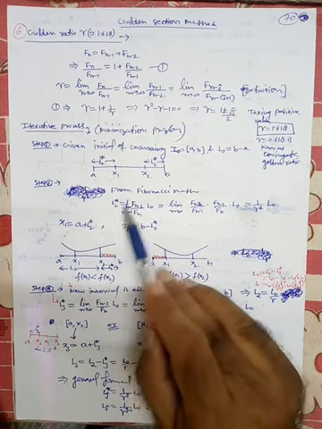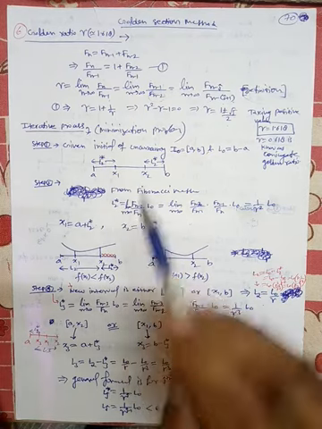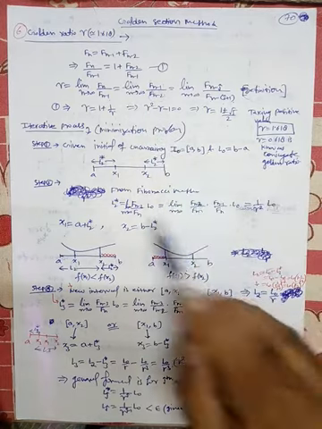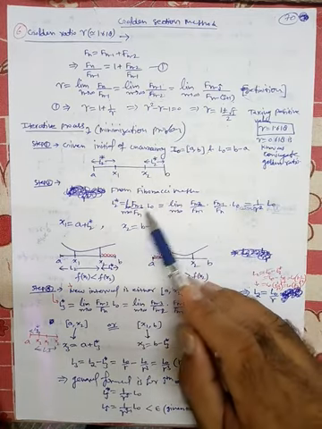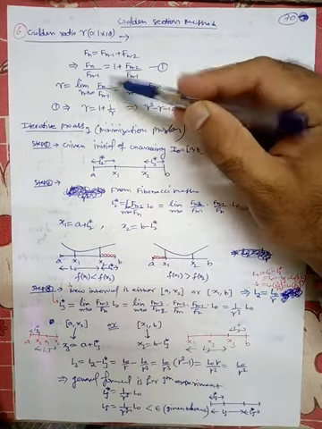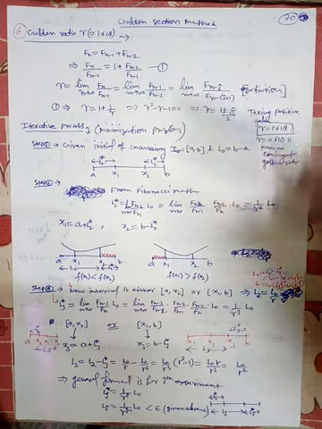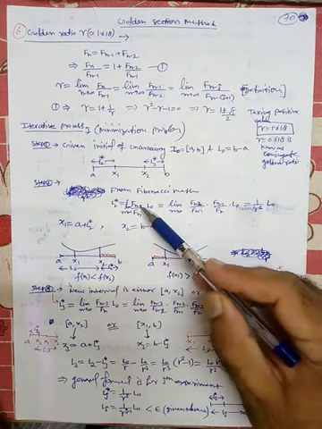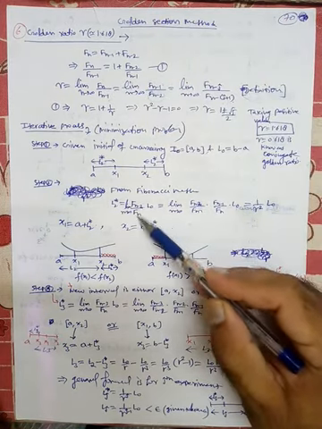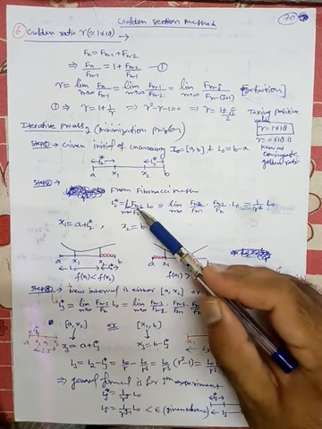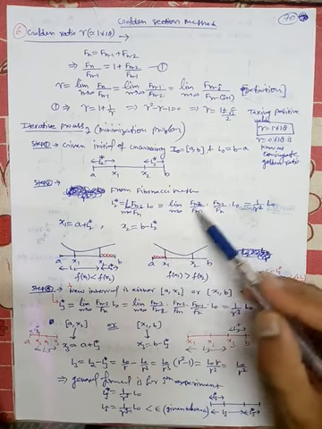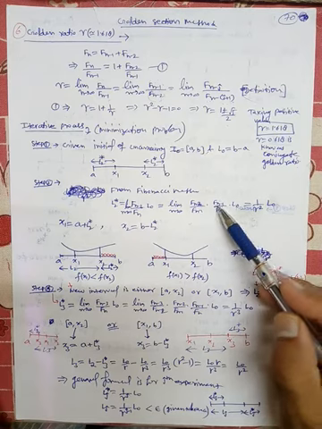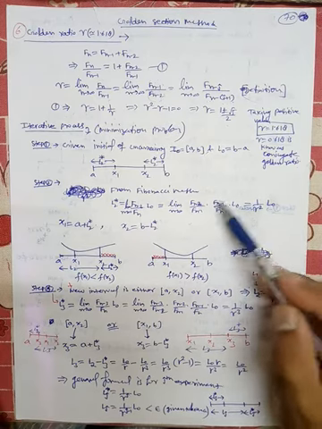Now taking n tending to infinity here, because we are using the golden ratio. The golden ratio is defined by two consecutive numbers, but here we have f(n minus 2) and f(n), which are not consecutive, so we multiply and divide by f(n minus 1) so that we have consecutive numbers.